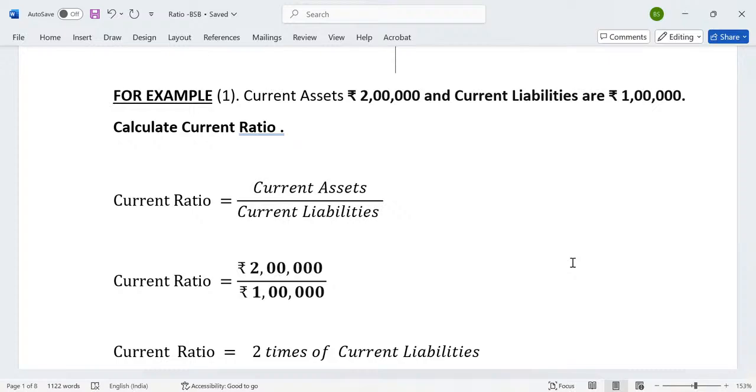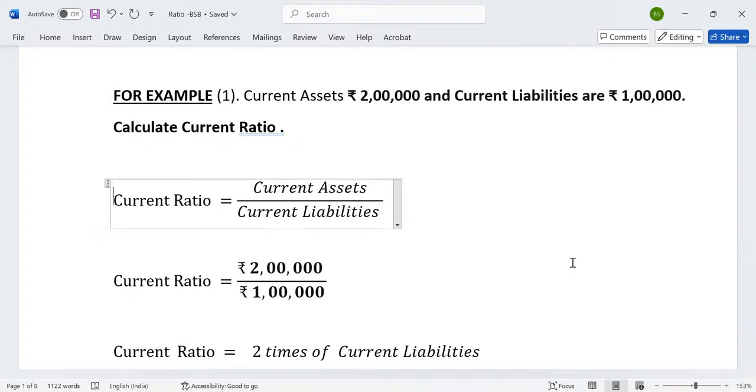Current ratio is equal to 2 times. So what is the interpretation? Our current assets are 2 times the current liabilities. Current liabilities are 1 lakh, 2 times means 2 lakh. So current assets are 2 lakh. In this case, ratio is expressed in number of times.